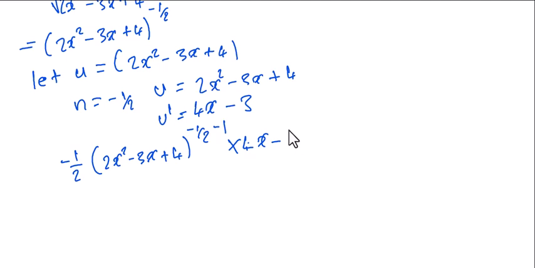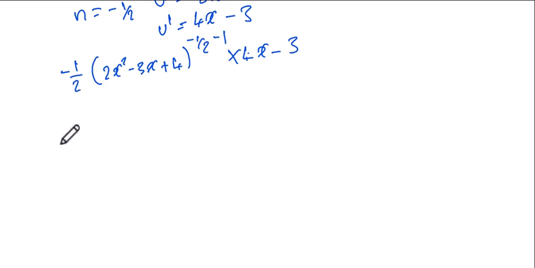Okay, so this is going to be equal to negative 1 over 2, open the bracket, 2x squared minus 3x plus 4 to the power negative 3 over 2 when we subtract from this one.